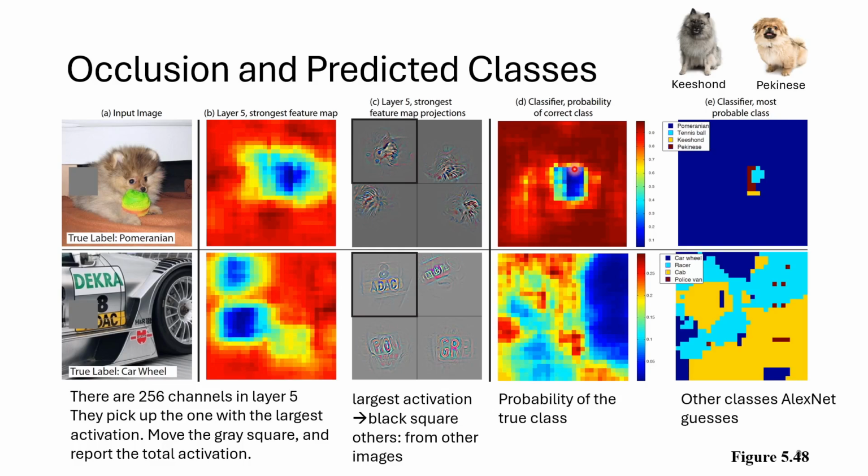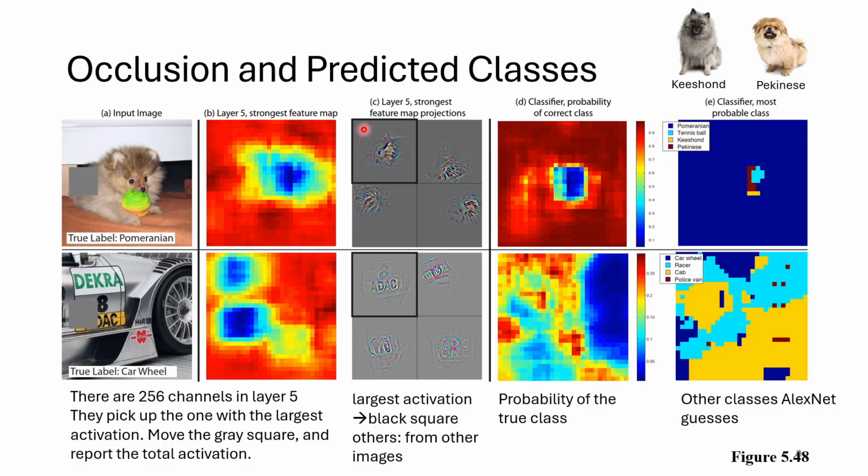They also report another experiment result. When they move the gray square from one pixel to another, what will be the class or classes AlexNet predicts? It's similar to this one. For example, this place is unimportant.